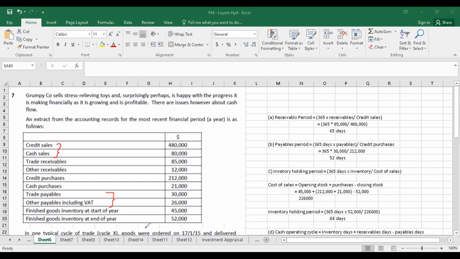We have the opening stock, the closing stock, and the purchases value. This is opening stock. The total purchases are 212,000 plus 21,000, minus the closing stock. This one. So we arrive at the cost of goods sold.